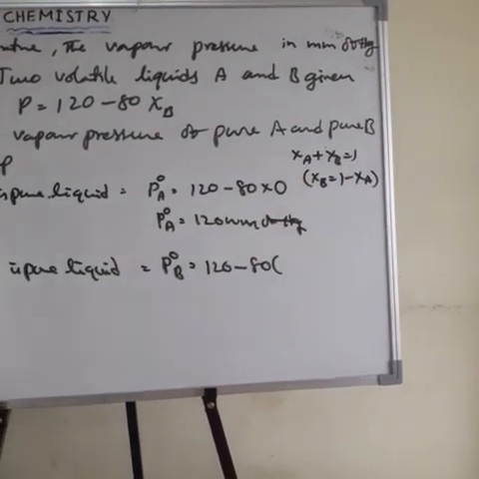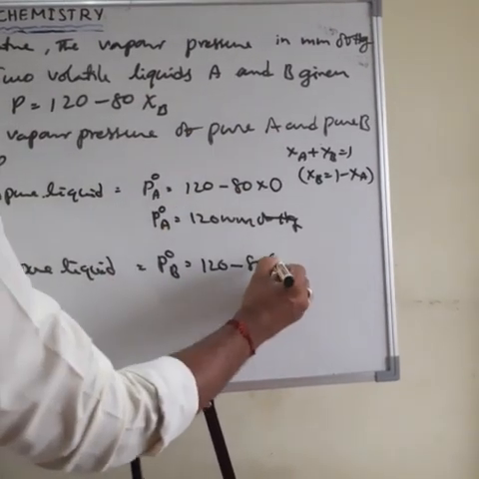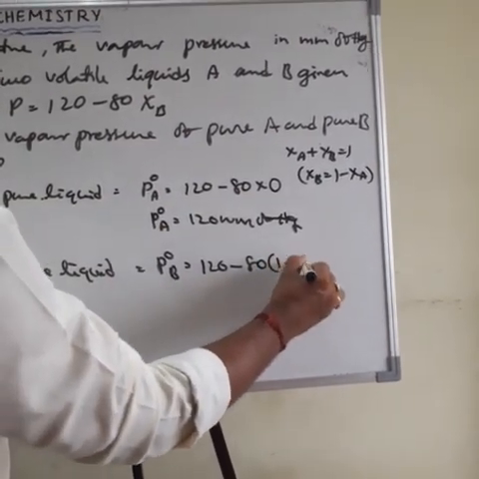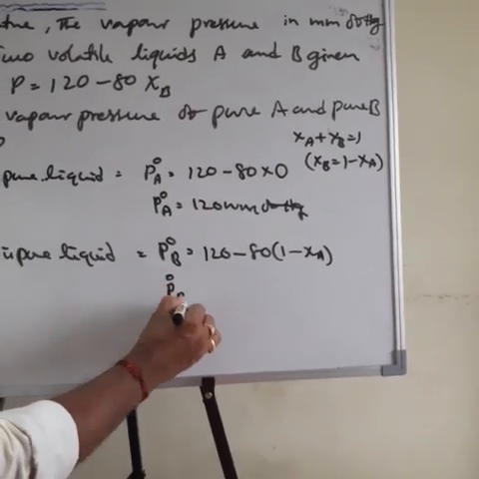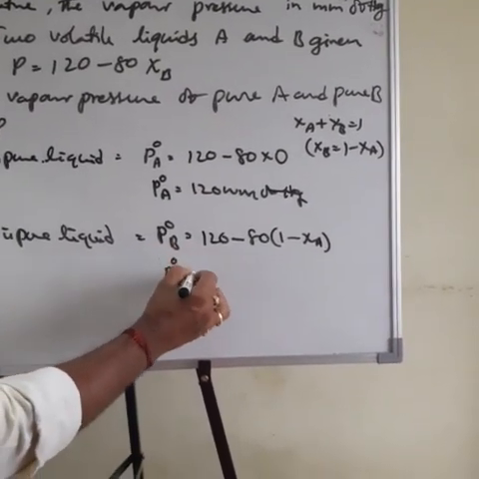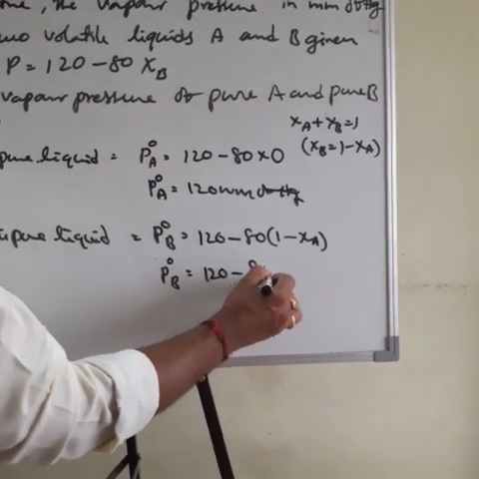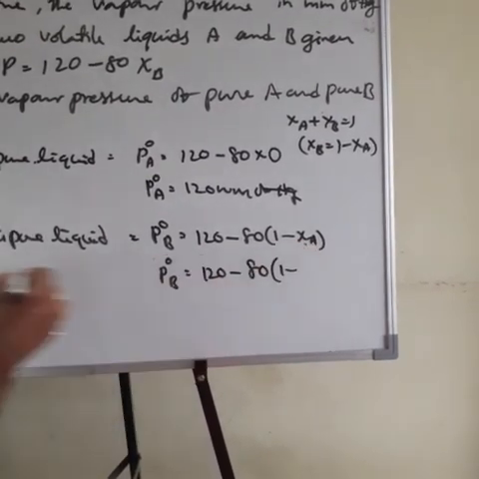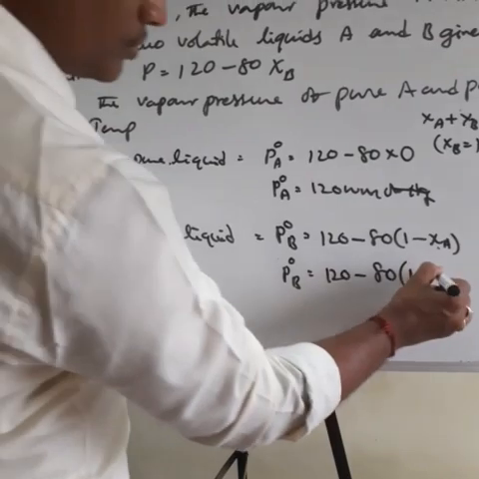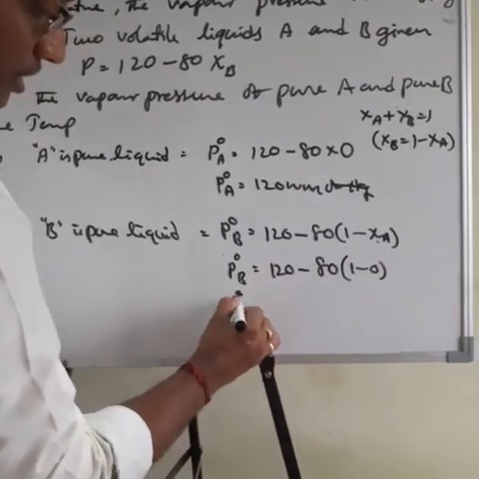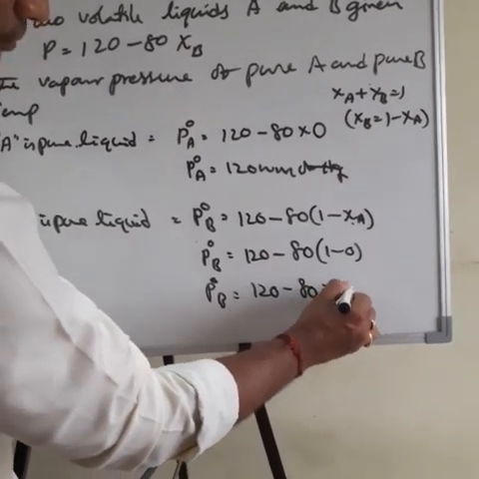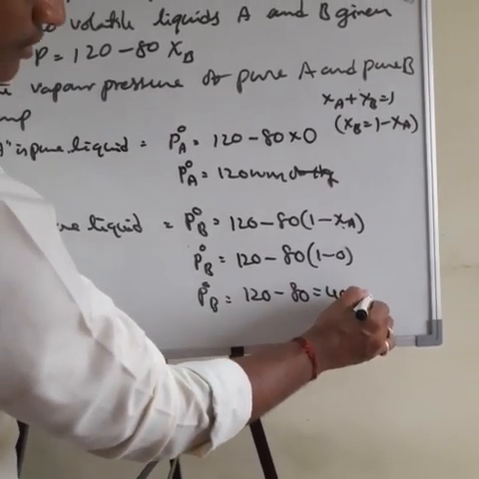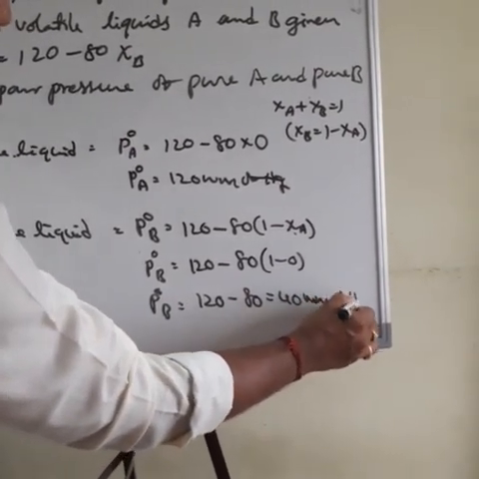Understood what I said? Instead of XB, I am taking 1 minus XA, which is 0. Then P naught B is equal to 120 minus 80, therefore 40 mm of Hg.